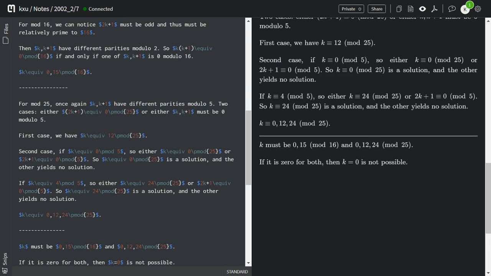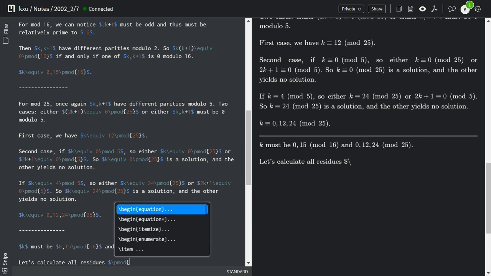So you know what, to be more rigorous, I guess, we'll calculate all possible residues. Let's calculate all residues. And this is modulo 400.